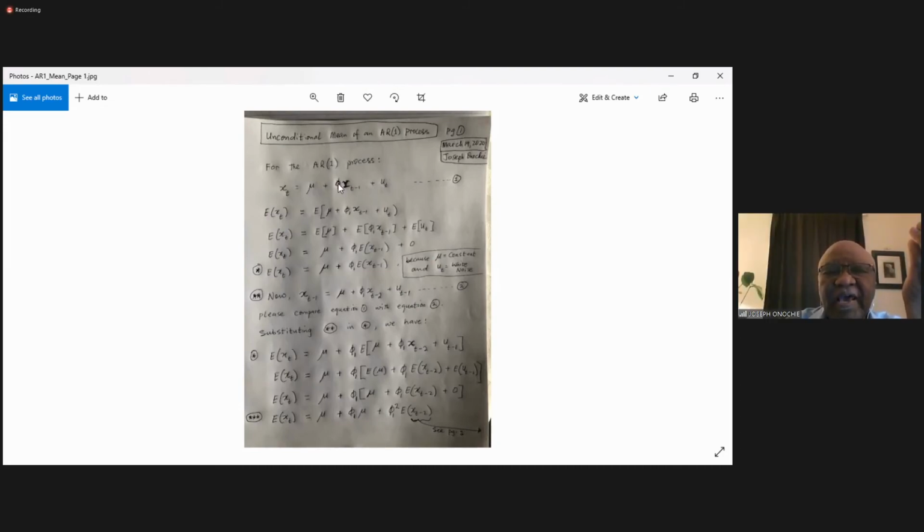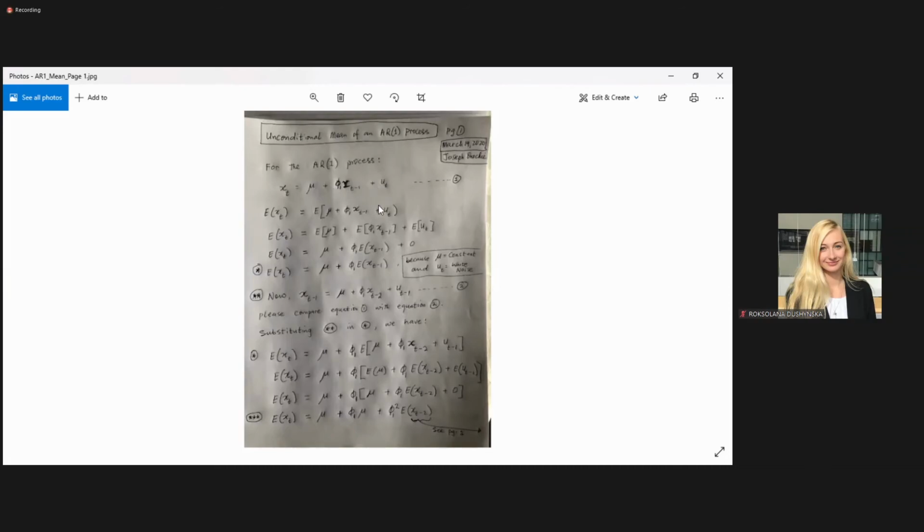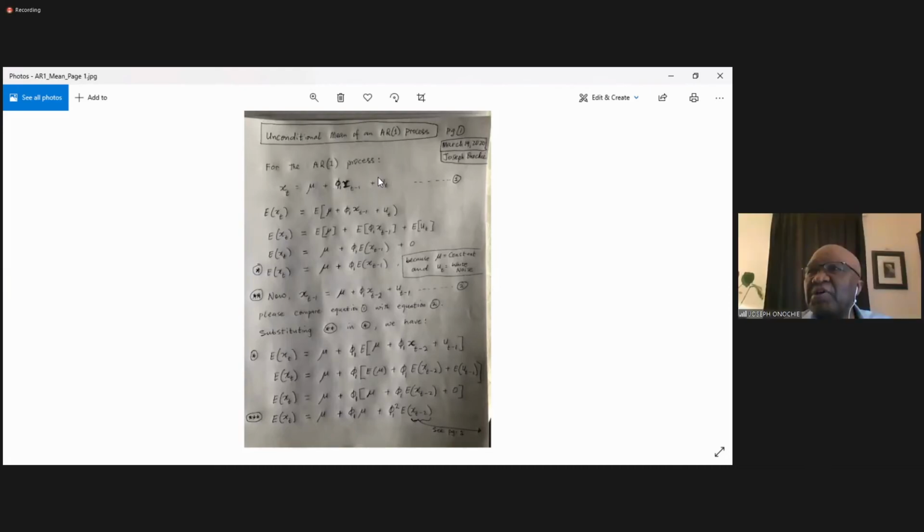But the A and this A will bind together, so it will just make our equation a little bit complicated. This is just for convenience that we're choosing this to be a zero mean white noise. We want the white noise to be as simple as possible.